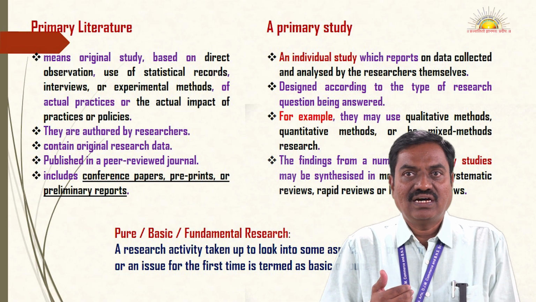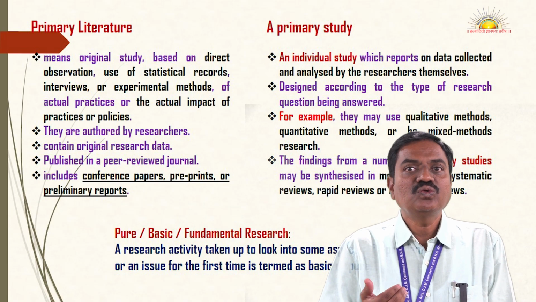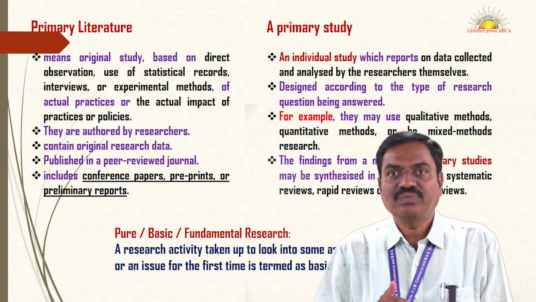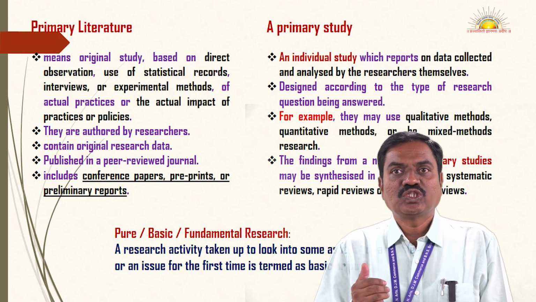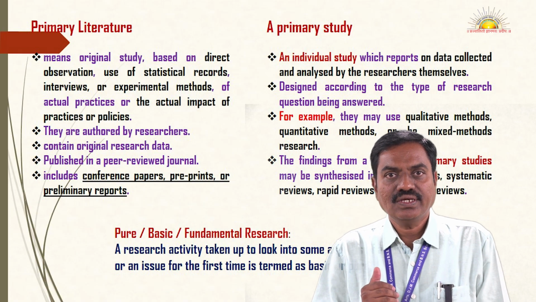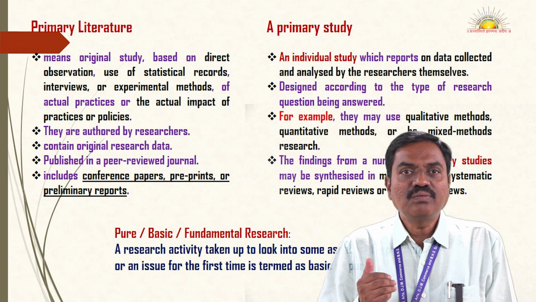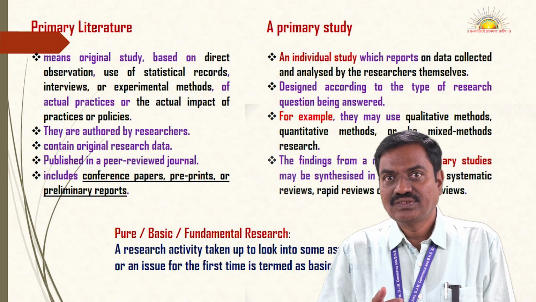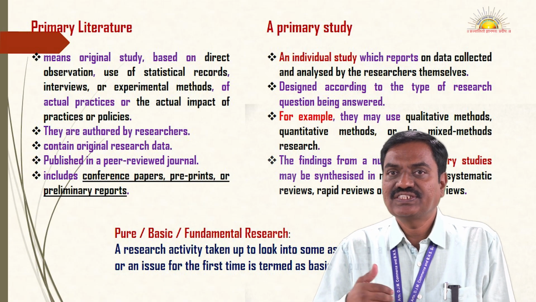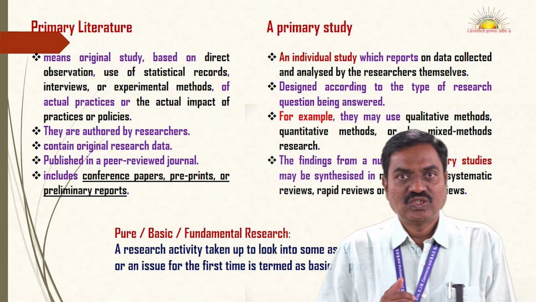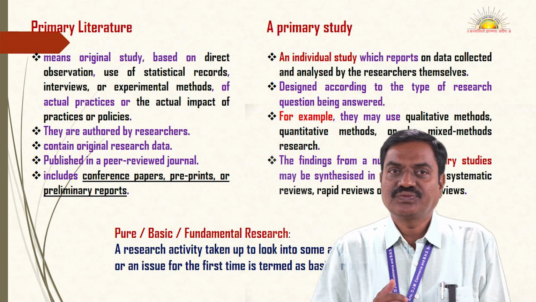Primary studies are designed according to the type of research question being answered. For example, they may use qualitative methods, quantitative methods, or mixed methods. The findings from a number of primary studies may be synthesized in meta-analysis, systematic reviews, rapid reviews, or literature reviews.